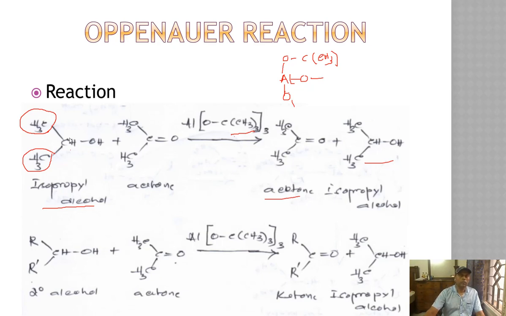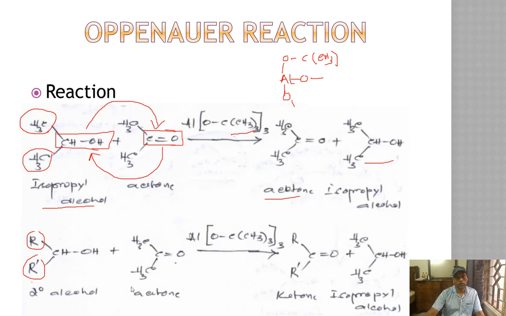Okay. Now what is happening here? Now see, this is the alcohol group, and this is the ketone group, right? What is going to happen? This is going to come and sit here, and the exchanging of these groups is going to take place. It is going to be clear in the general reaction formula. So this is the secondary alcohol, two alkyl groups attached to the carbon that is attached to the alcohol group.